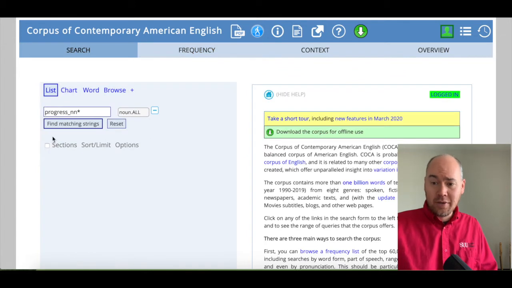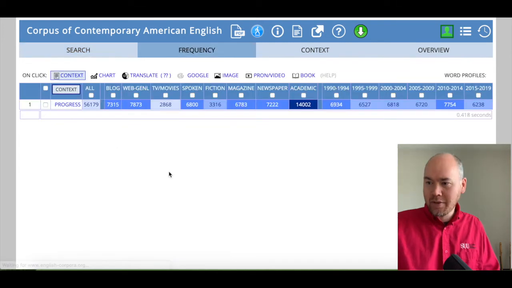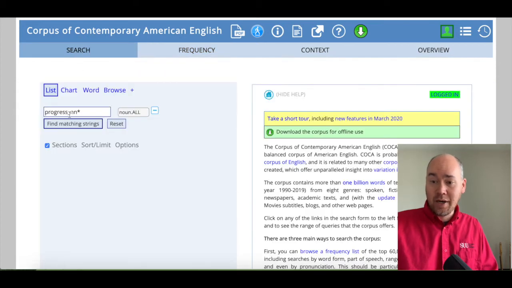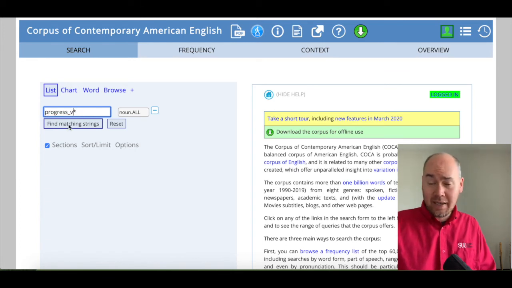And I can also separate this by sections if I want to see, is it okay in academic writing or just in blogs or something. And no, it's actually the most common in academic writing. And again, this is progress the noun, not progress the verb. I can do the same thing for the verb, see if it's any different.